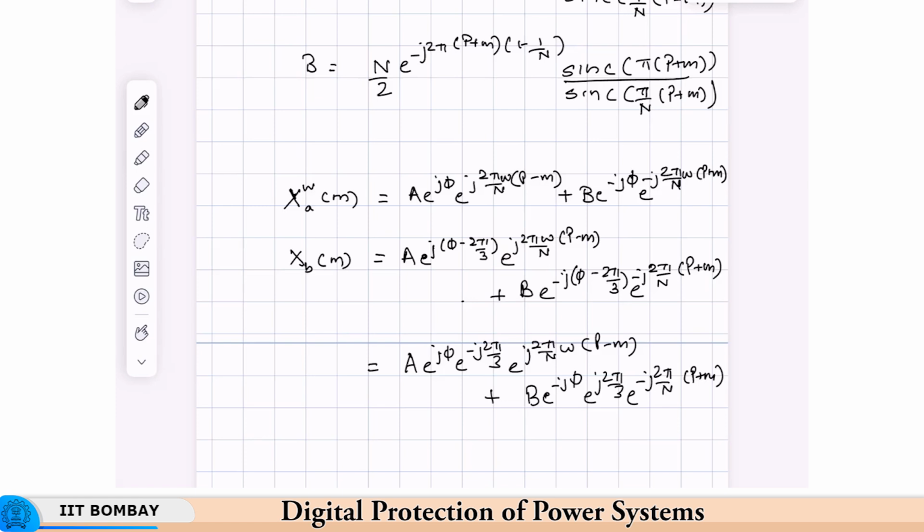Okay, this is minus and minus, so this 2 pi by 3 comes here with a positive sign. Here it comes with a negative sign here, and here it comes with a positive.